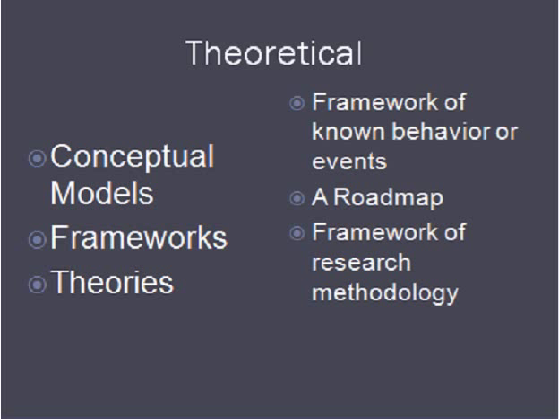It also can be a framework for research methodology, and that's when you can sometimes use theoretical articles from journals and books, theoretical writing about a method of research. Especially qualitative researchers typically find a theoretical model that helps them frame their research.